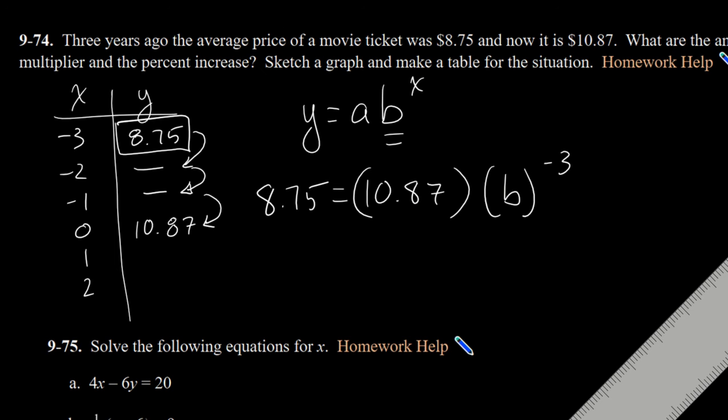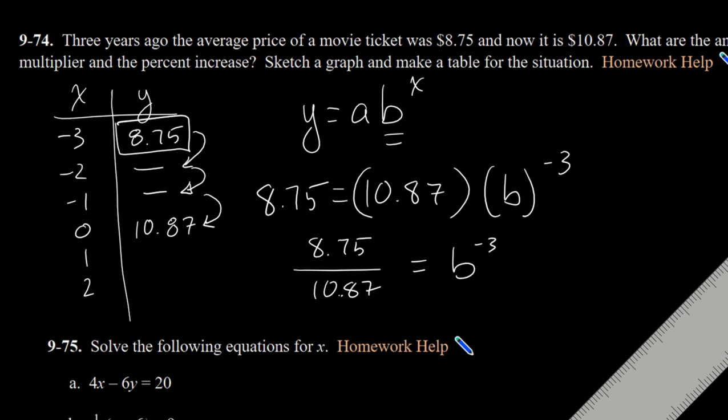And to solve this, first of all, I'm going to go ahead and divide both sides by 10.87. So I get $8.75 divided by $10.87. Okay. And then that's going to equal B to the negative 3rd power. So we've been talking about this with roots.